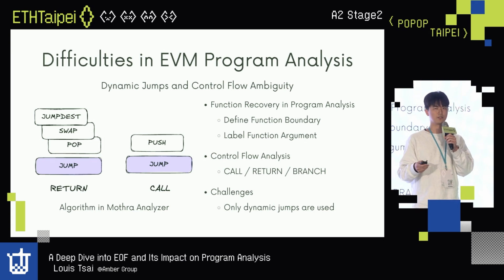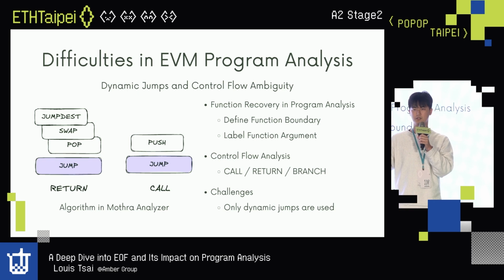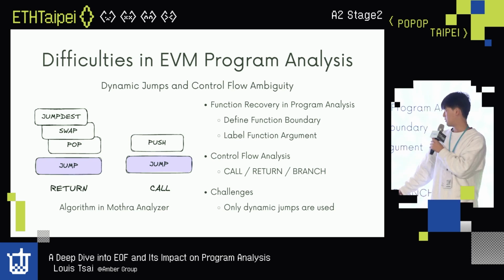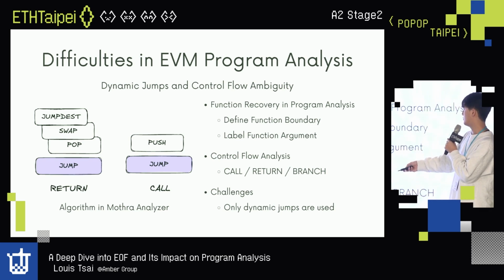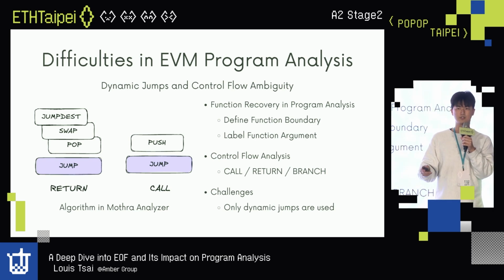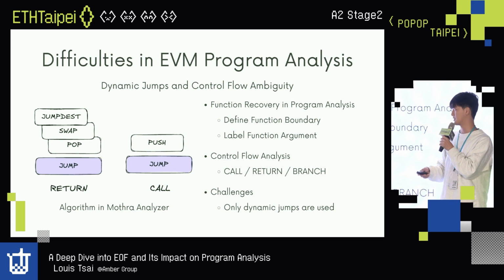And then we want to know how one function interacts with one another. To achieve this goal, we need to detect several patterns. First, we need to detect the call pattern, and then we need to detect the return pattern. The branch pattern is also important in control flow analysis, but we will discuss it later.